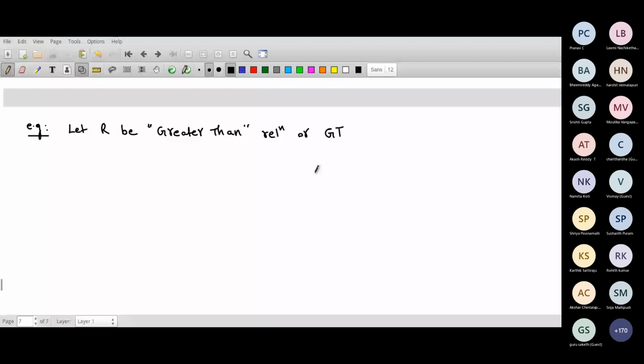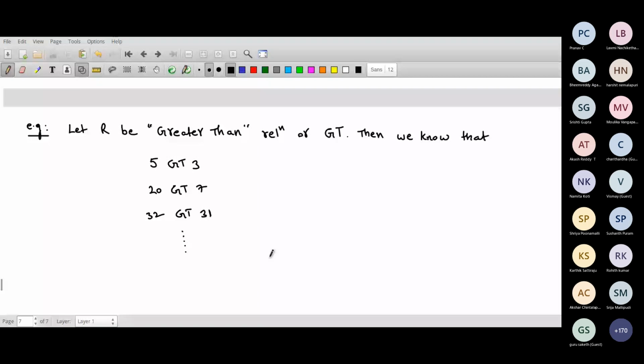So we'll just refer to greater than as GT. Okay. And we know that we know all these things, right? 5 is greater than 3, 20 is greater than 7, 32 is greater than 31, and so on. Okay.